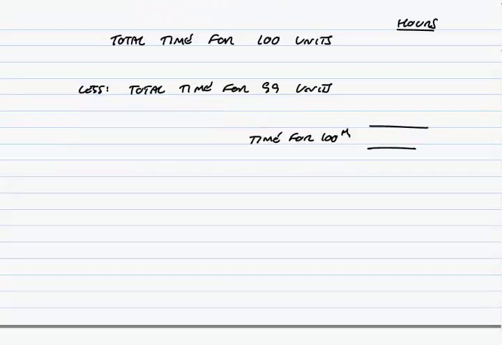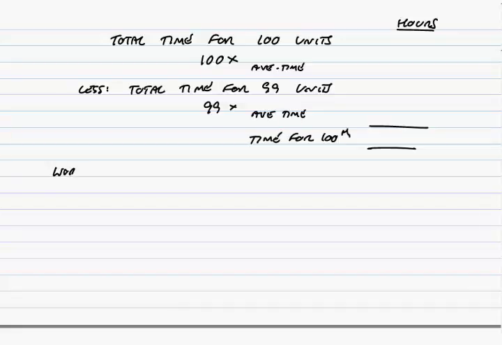And how can I work out the total times? Well, remember the formula gives us the average. So for 100, it'll be 100 times the average time per unit, and similarly 99. So we need to use the formula to work out the average time in each case.